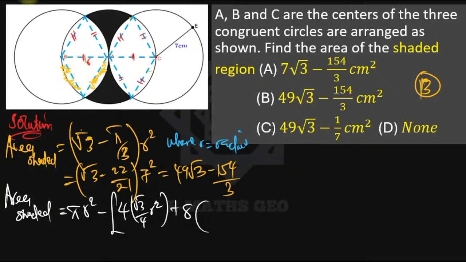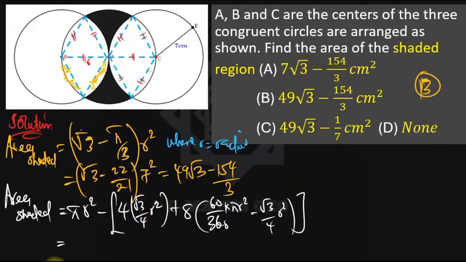The sector area is theta, and because it's an equilateral triangle, each interior angle is 60. So I have 60 over 360 times pi r squared minus root 3 over 4 r squared.